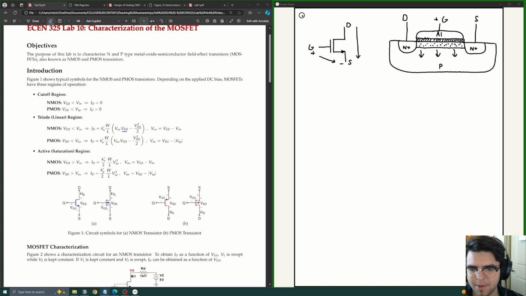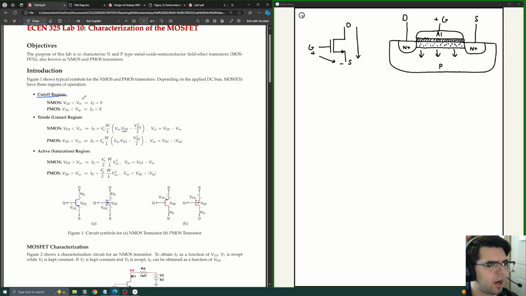So now let's get back to how MOSFETs are similar to BJTs. One of the main comparisons is that MOSFETs also have operating regions, just like BJTs. A lot of the quantities in these operating regions have similar analogs to what we see in BJTs. So for example, MOSFETs also have a cutoff region.